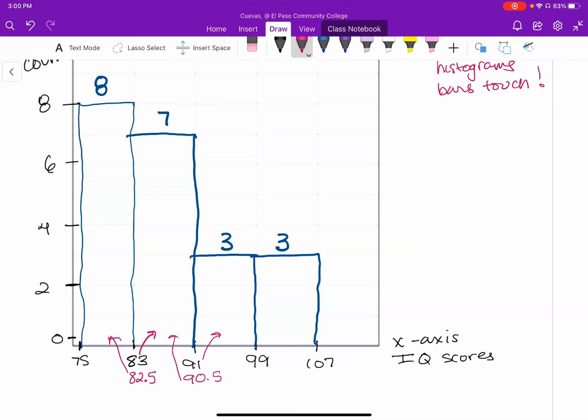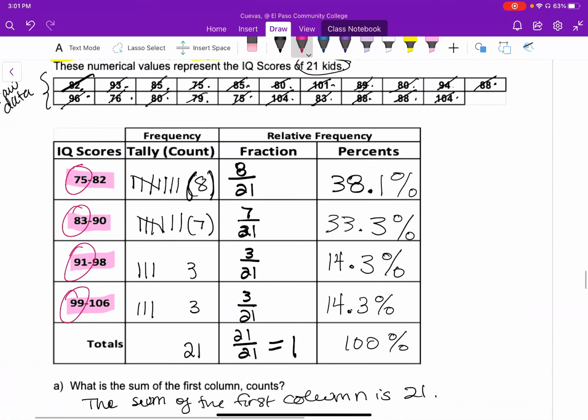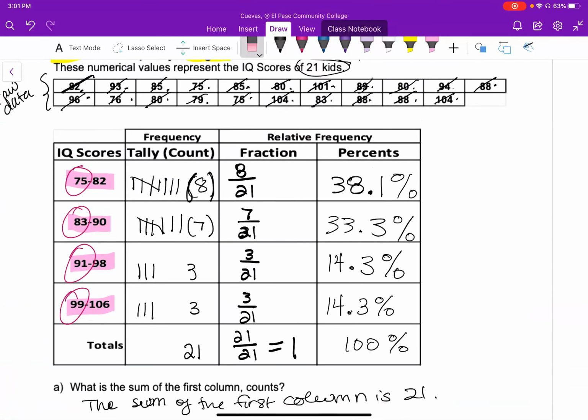Can this cause a little bit of confusion? Yeah, I agree with you if you're thinking, I'm confused. Why would she show me this? I want you to be aware that sometimes things are taught differently, and this is one of them. If your instructor is deciding to use a 0.5, then your 82.5 is not something that fits either here or here.